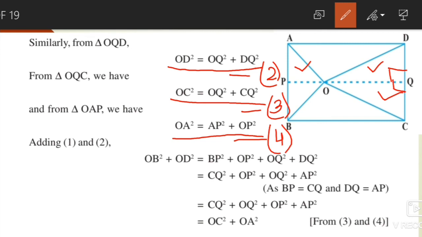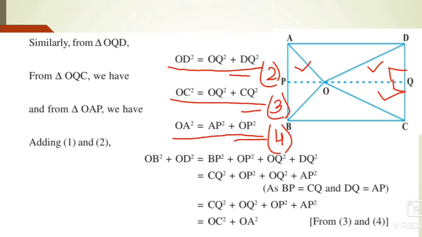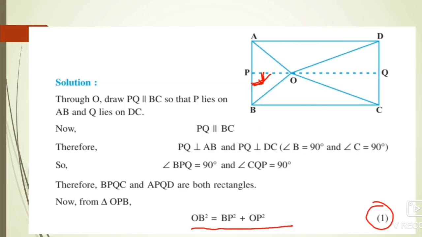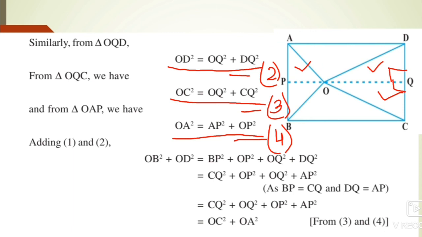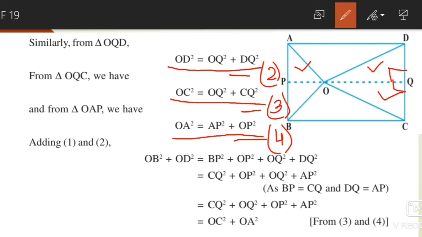Now, if you add equation number 1 and 2, look at the previous slide, this one was equation number 1 and this is equation number 2. If you add these, you will get OB square plus OD square is equal to BP square plus OP square plus OQ square plus DQ square. Now BP is equal to CQ.